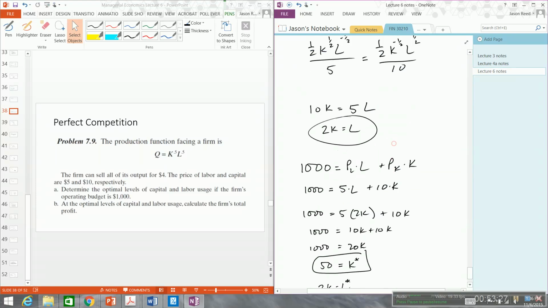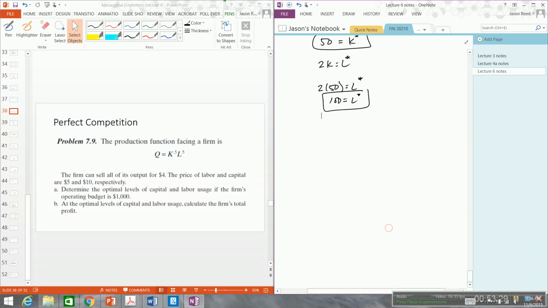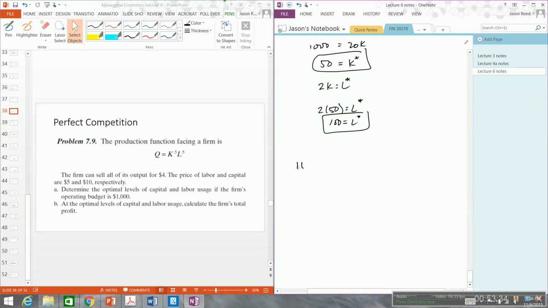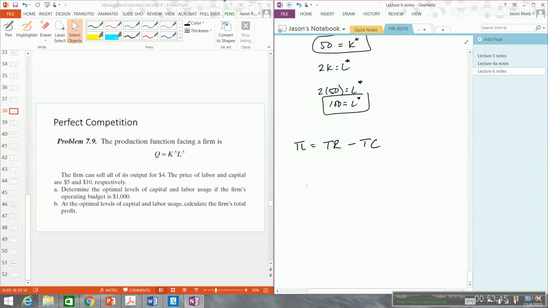So now what is our profit maximizing level, profit at this optimal level? So we have profit is equal to total revenue minus total cost. So we don't know yet how much we're actually making, but we can. So we could do Q is equal to K to the 1/2, L to the 1/2. So we have Q is equal to 50 to the 1/2, 100 to the 1/2.